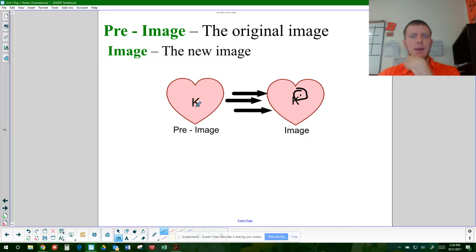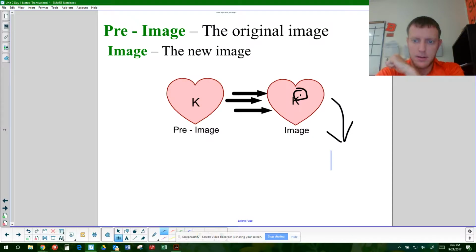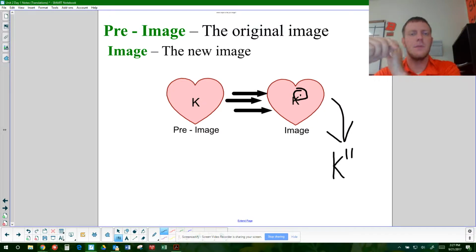So we would say K translates to K prime. Right? It's sliding, K and K prime. If we did it again, then we would do K double prime. So K would be your original, your pre-image, K prime would be your first image, and then K double prime, if you did something else, would be your second image.